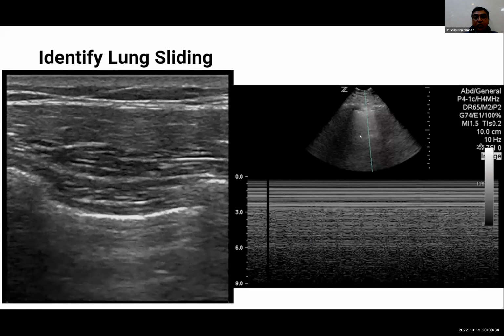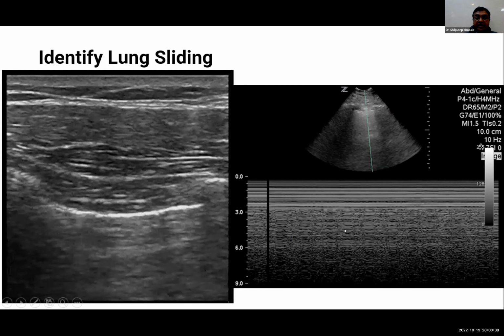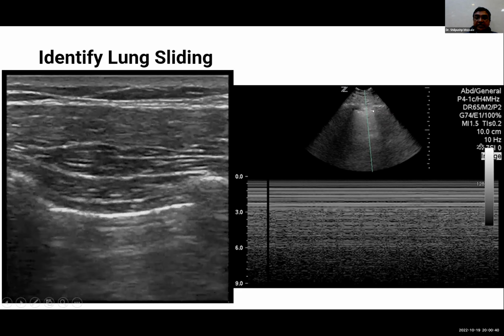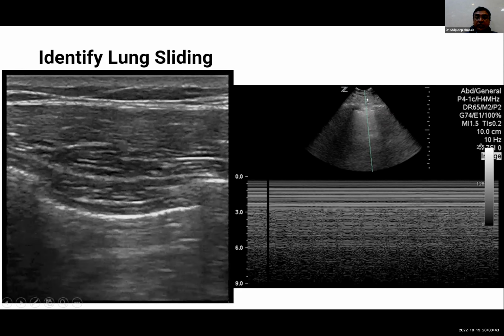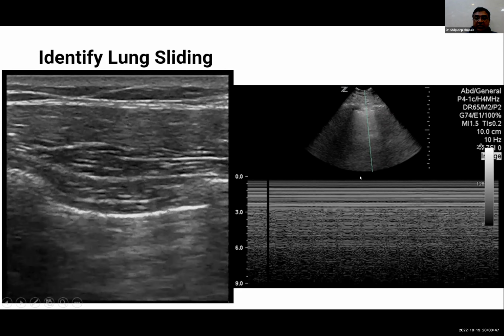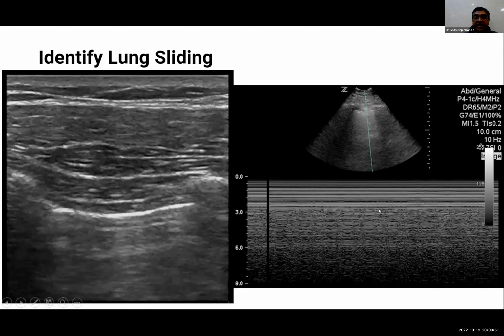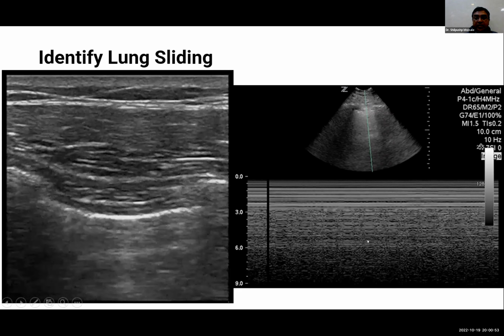If you put an M mode on the pleural line, you can see something called the seashore sign. The skin, subcutaneous tissue and muscles are non-mobile, so they look like flat lines, but the air under the lung scatters the ultrasound, so it appears grainy.